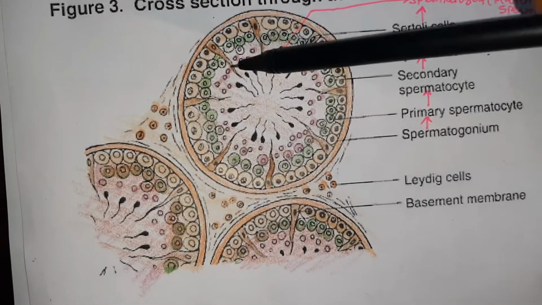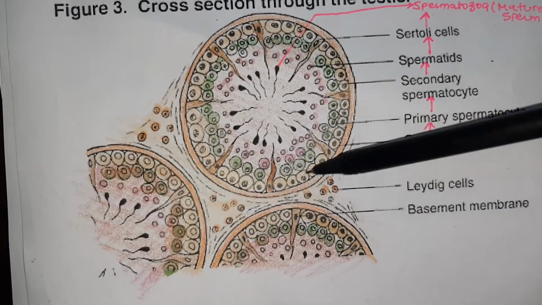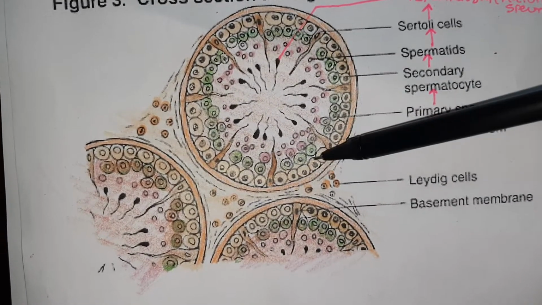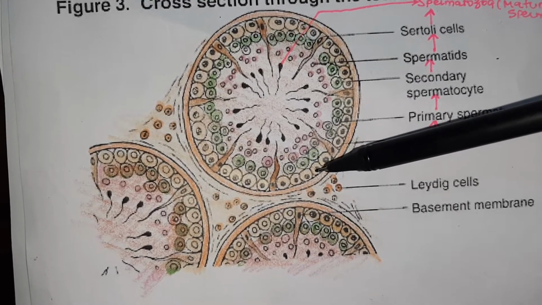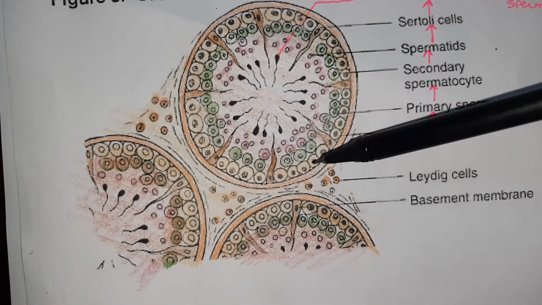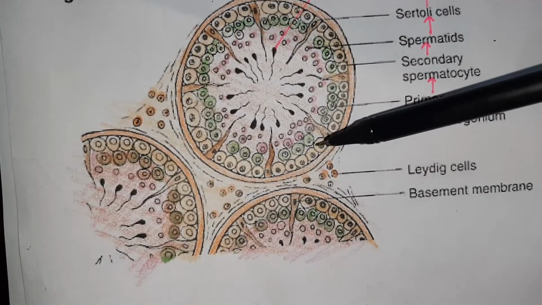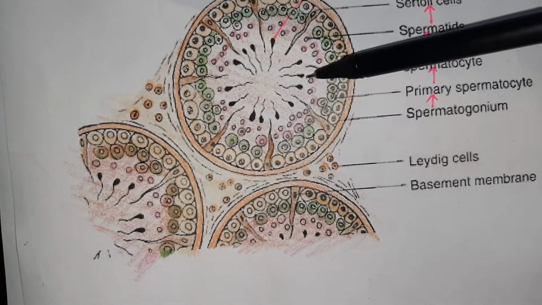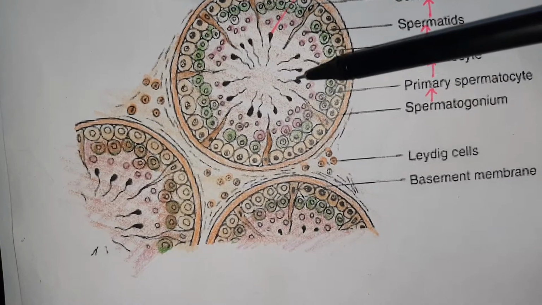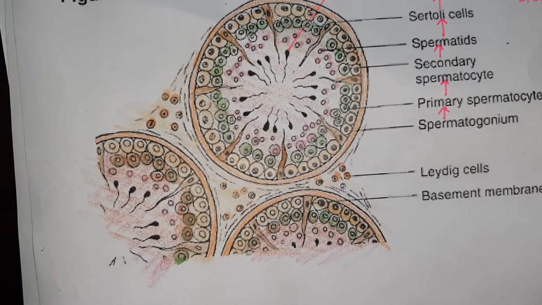Now let me discuss what is present inside the seminiferous tubule. So here you can see I've differentiated the various cells. Here you can see there is one layer of cells, there is another, then a third one, then the fourth one, and then finally inside these there are the tiny spermatozoa.